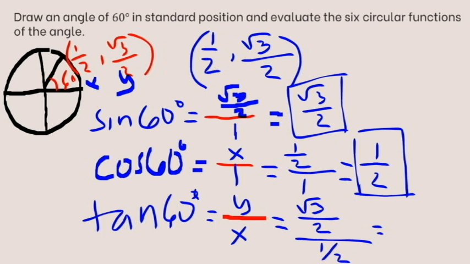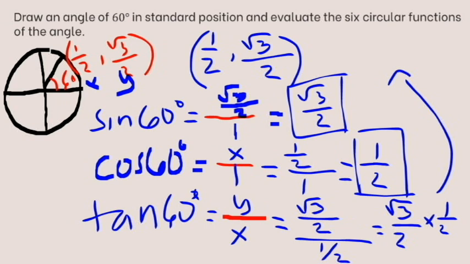So therefore, this is now square root of 3 over 2 times 2 over 1, right? So therefore, our tangent now is square root of 3. I know the reciprocal, so it is 2 over 1.